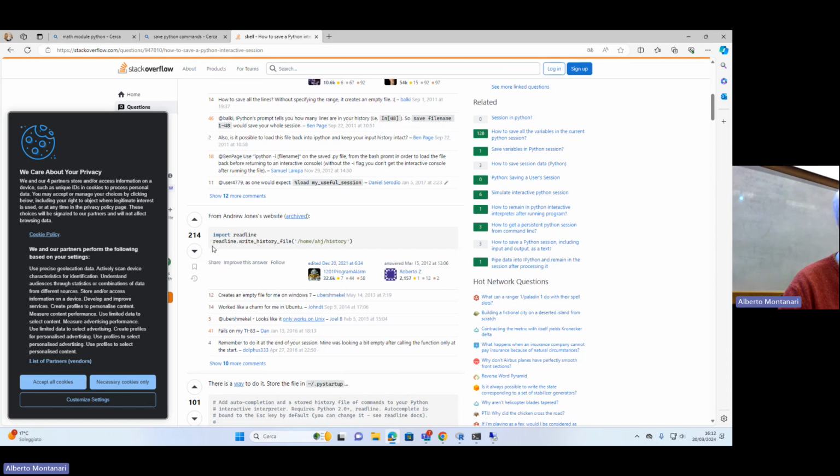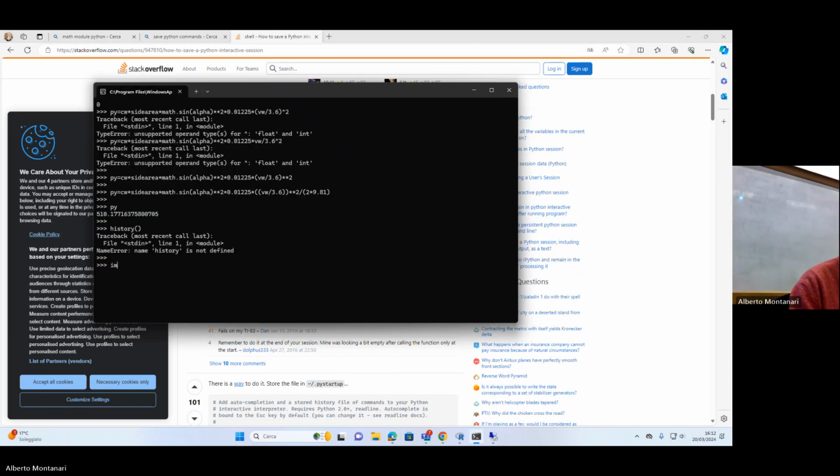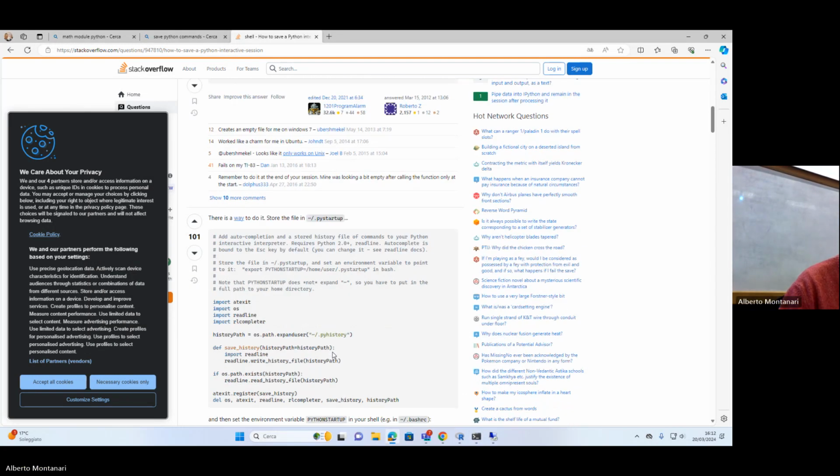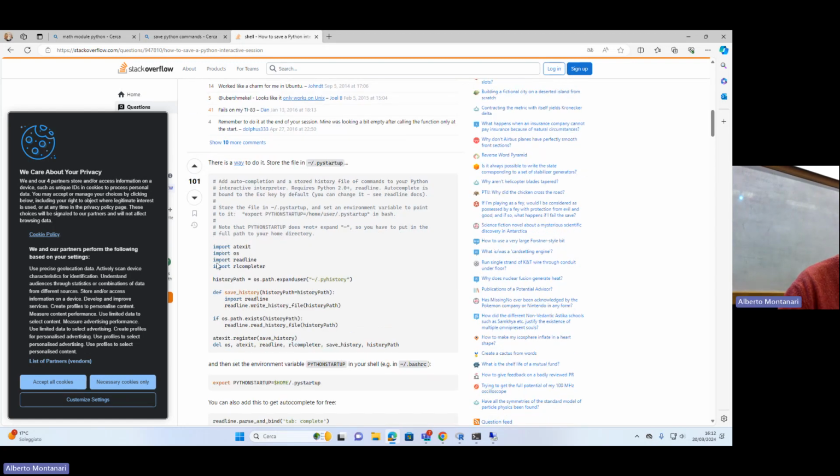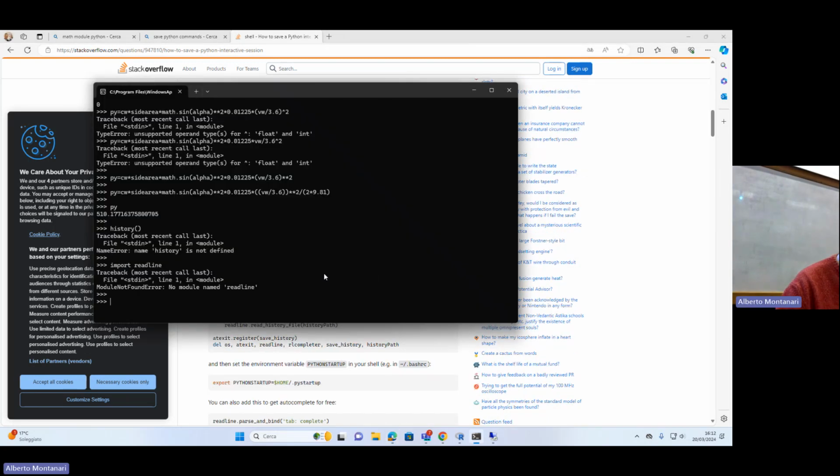Import readline. Okay, let's see whether import readline works. No, it's a module that needs to be installed. So there is not an easy answer to this. So now let's forget about it.